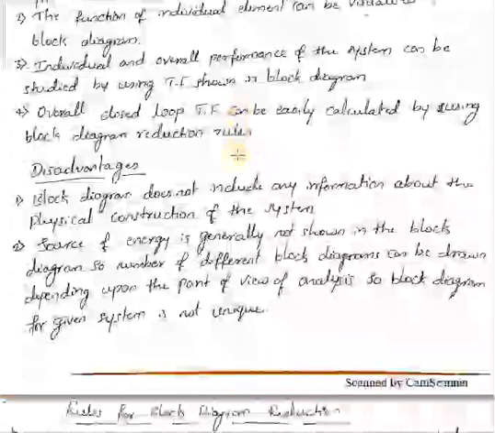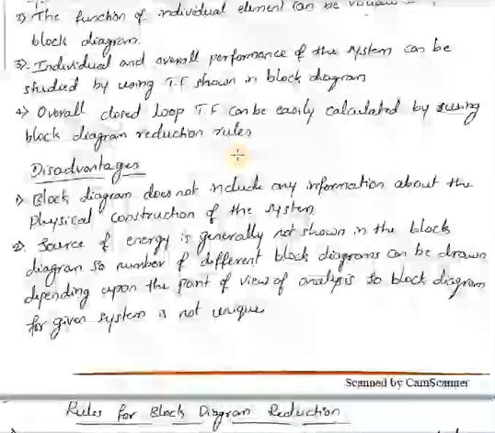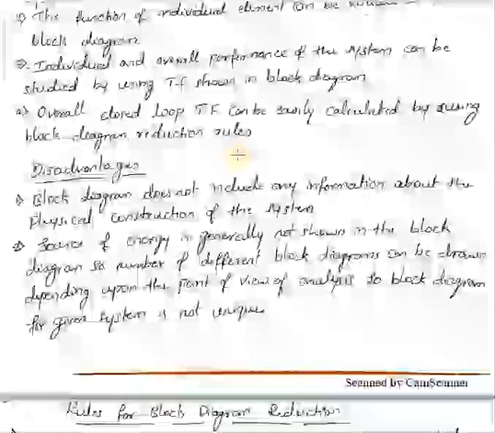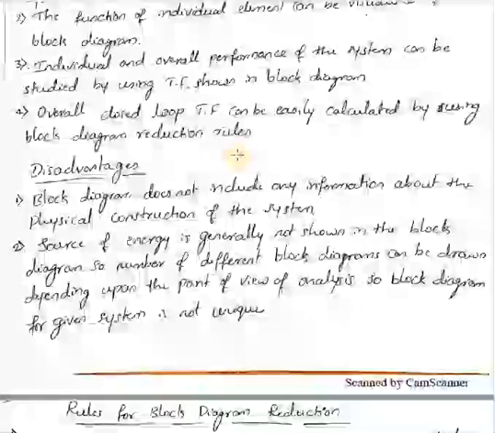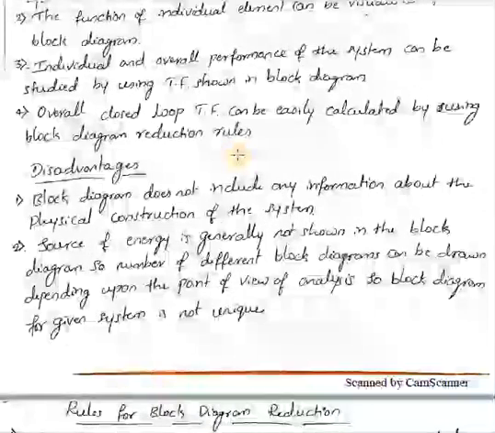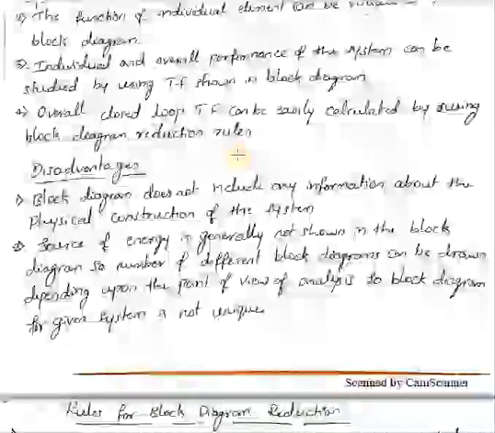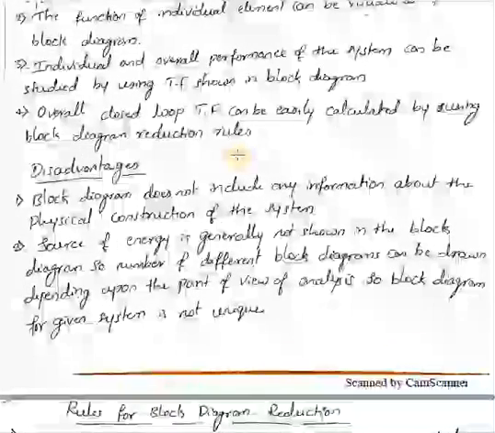And the disadvantages: a block diagram does not include any information about the physical construction of the system. It is only function based, not physical based. The second one is that the source of energy is generally not shown in the block diagram. A number of different block diagrams can be drawn depending upon the point of view of the analysis, so the block diagram for a given system is not unique.